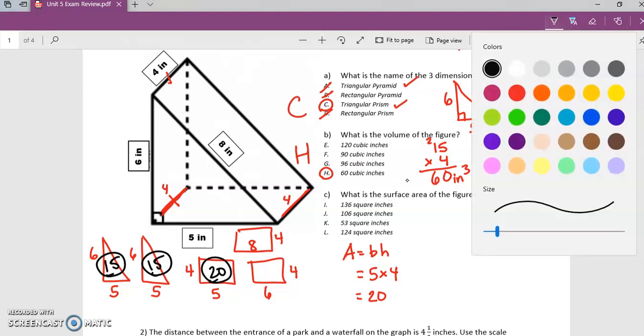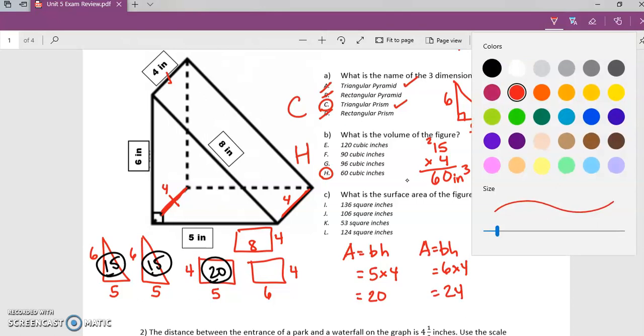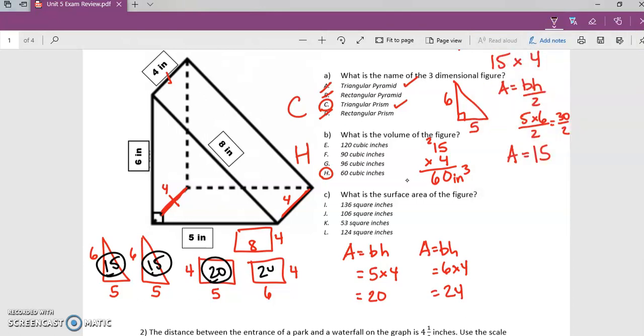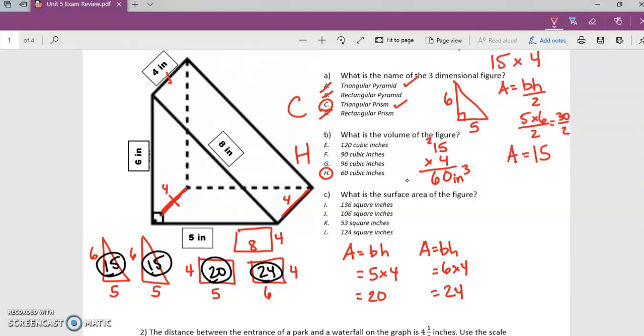Then we move on to the next one. The area is the same thing, base times height. We have a base of 6 and a height of 4 this time. So it's 24 as the area. And then as we move on to the last one, again, area equals base times height, which stays the same for each of those rectangles. 8 as the base, 4 as the height. 8 times 4 is equal to 32.